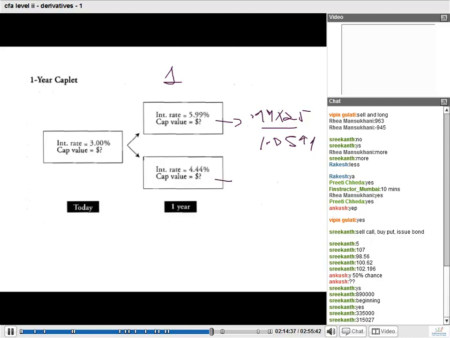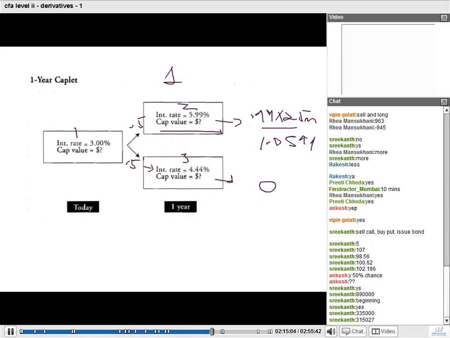And in case of node 3, what will be the value of the option? The strike price is 5%, so the value of the option will be 0. So the 1-year caplet has a value of a 50% chance of the higher value and a 50% chance of 0.